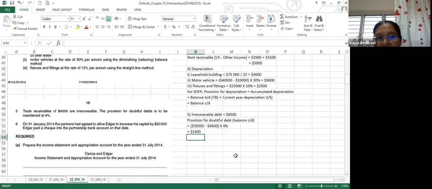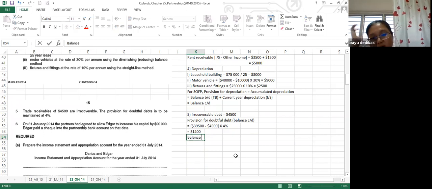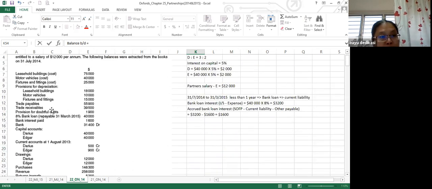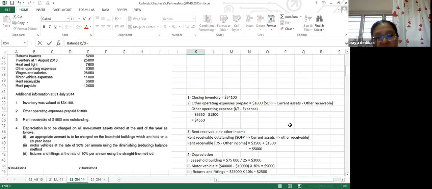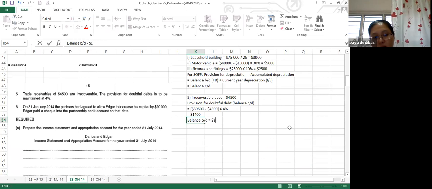And to find whether it's an increase or decrease, we have to know what is the balance brought down. So our balance brought down from the trial balance is 1,009. 1,009 is the balance, and our balance carry down is less than balance brought down.